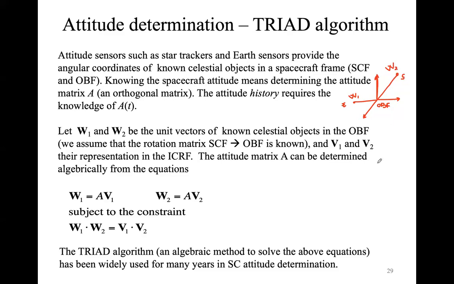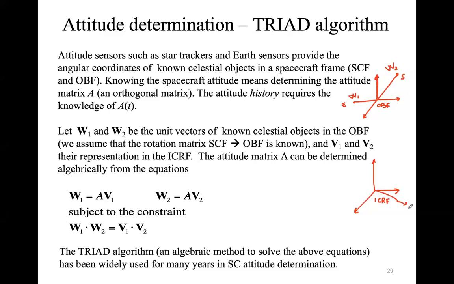On the other hand, we exactly know where these two bodies are in the ICRF, right? So let's assume that here we have the ICRF. In this reference frame, the Sun is here, for example.